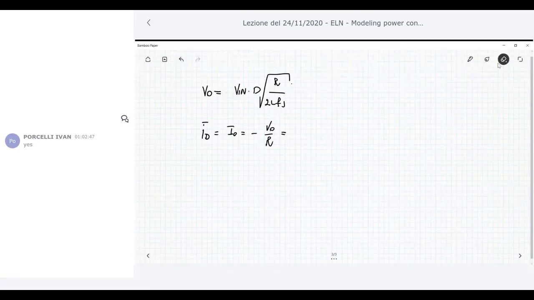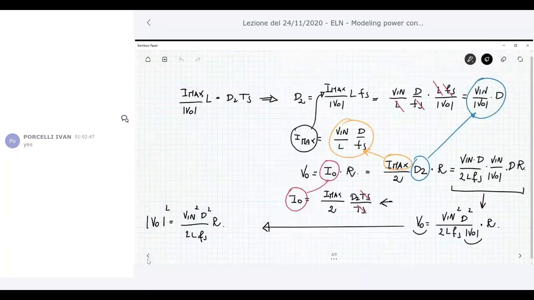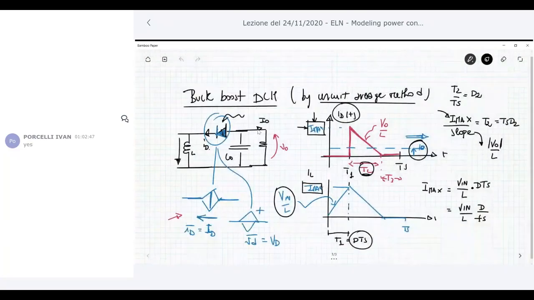Let me choose the plus sign here, because now if I put I naught, which is negative, that is the correct direction, because I naught is in the opposite direction of the ID here. Okay, the negative sign of V naught is automatically considered.